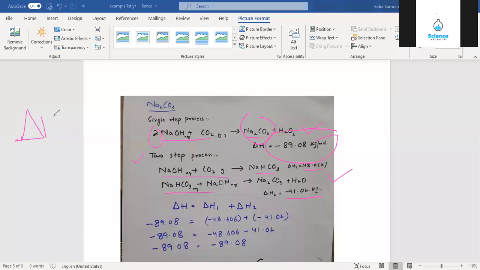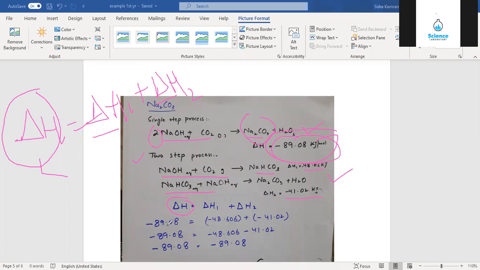Delta H is equal to delta H1 plus delta H2. This delta H is for the direct formation of the product in a single step, and these are the more than 1 steps to form the same product. So when the product is directly formed, delta H is minus 89.08 kilojoule per mole.